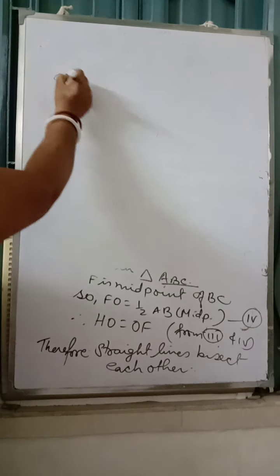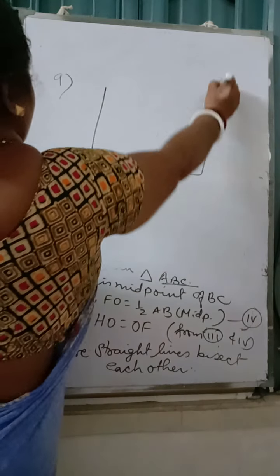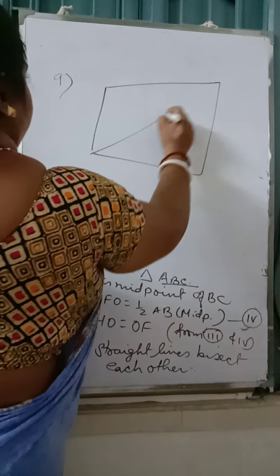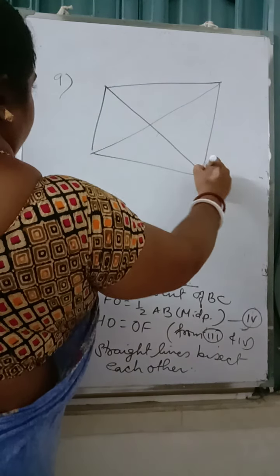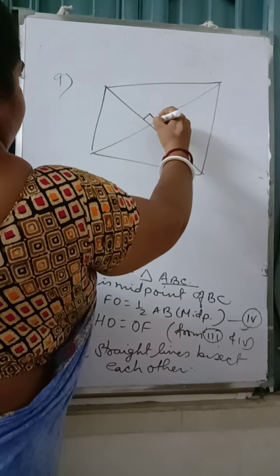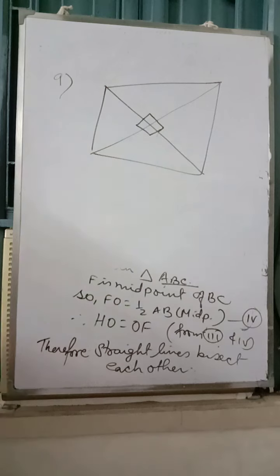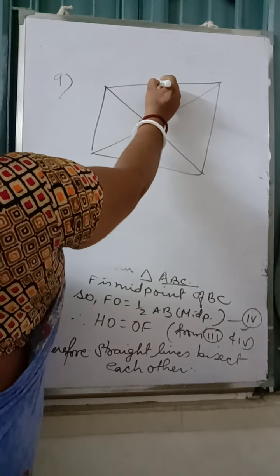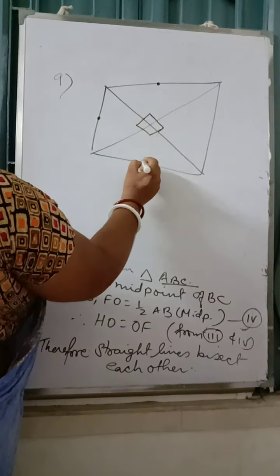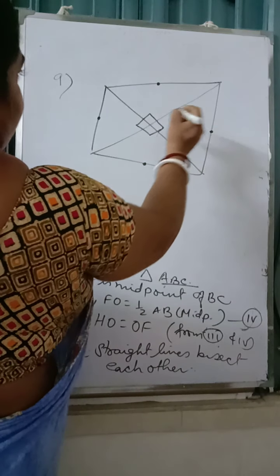Question number 9 is a quadrilateral that I have constructed, whose diagonals are bisecting each other at 90 degrees. Clear? Now it says, prove that the figure obtained by joining the midpoints of adjacent sides. Now I have midpoints for all the 4 sides.